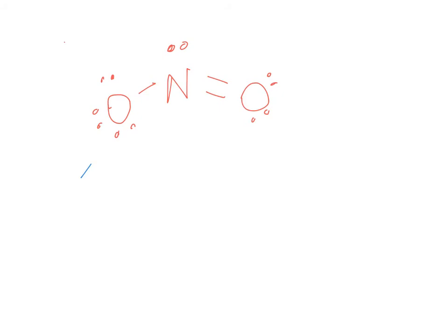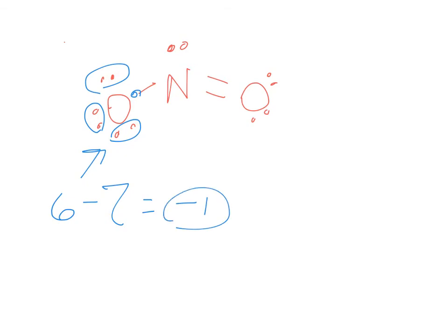Alrighty, looking at this oxygen. So oxygen, when it's on its own, has 6 valence electrons. In this compound, it has 2, 4, 6, 7. So this oxygen has a formal charge of -1 in this compound. The nitrogen normally has 5 valence electrons.